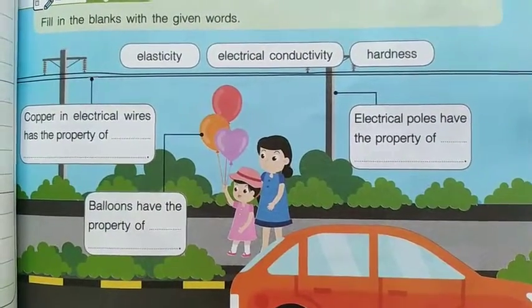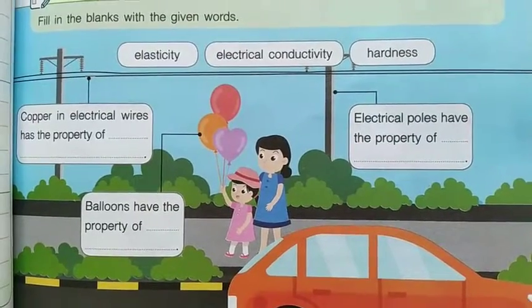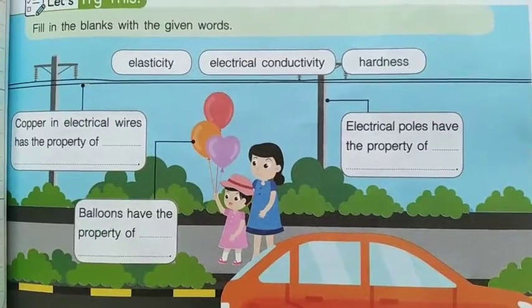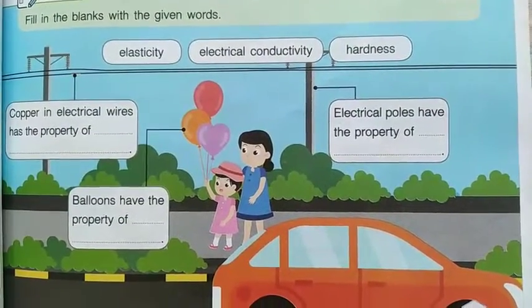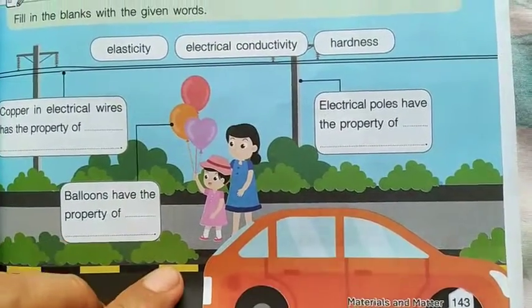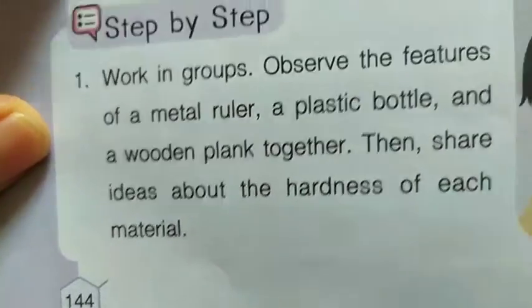So copper in electrical wires has the property of what? Of course, electrical conductivity. Balloons have the property of what? Of course, elasticity. And electrical poles have the property of what? Of hardness.